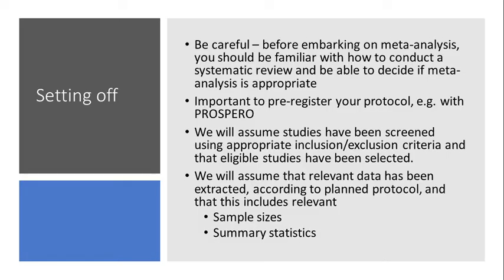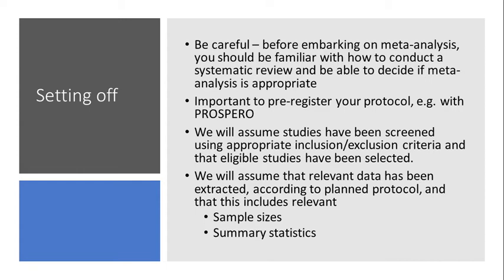So before embarking on a meta-analysis, you should be familiar with how to conduct a systematic review. Does that make sense to people? Yeah. So you don't want to be doing meta-analysis on very, very few studies. You need to have knowledge of how to do a systematic review, and for it to be appropriate to do a meta-analysis.